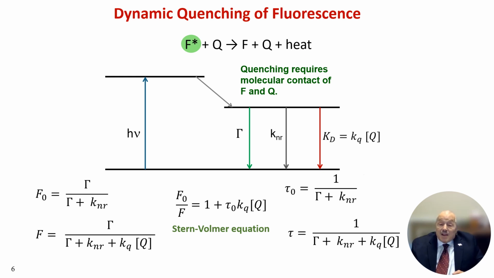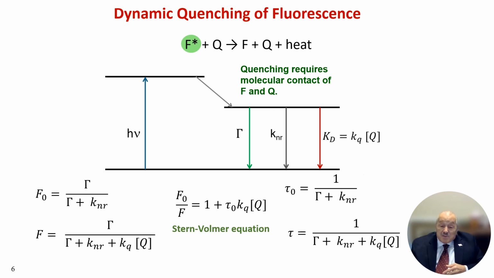In the case of dynamic quenching, we've given the fluorophore another pathway to the ground state, but it's a pathway that doesn't result in any emission. So that particular fluorophore is just quenched. And so this decreases both the intensity and the lifetime.